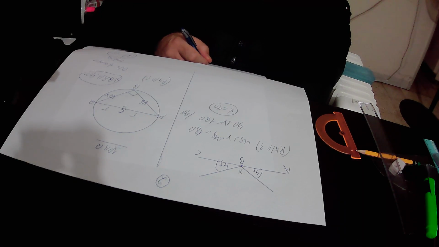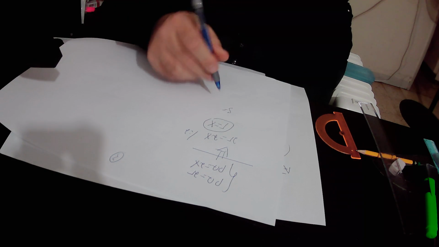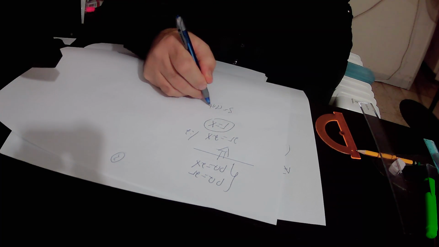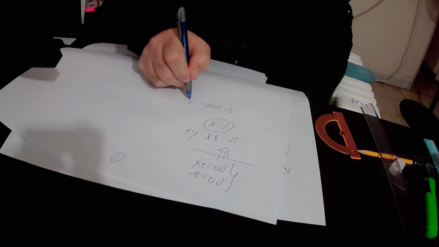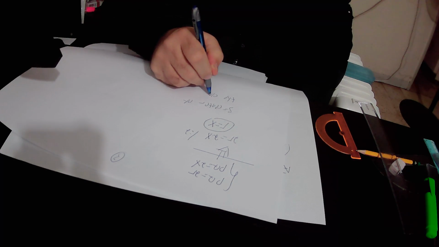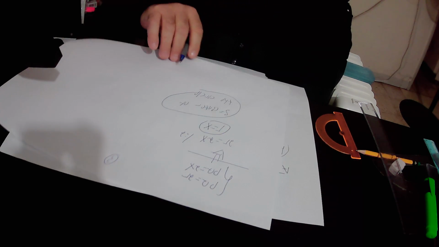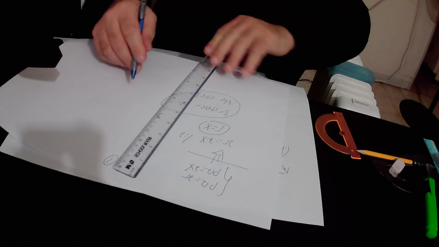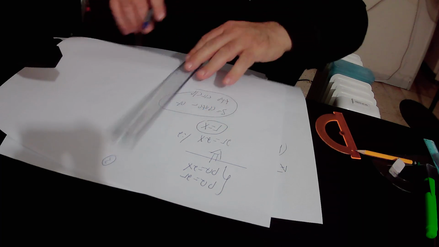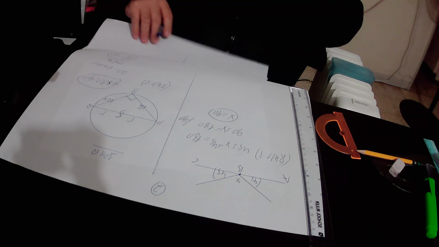So we can write here that point S is the center of the circle.